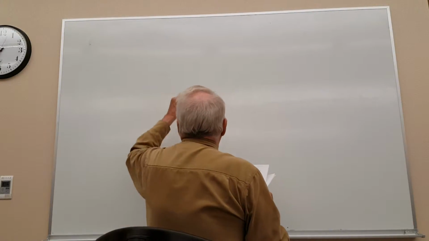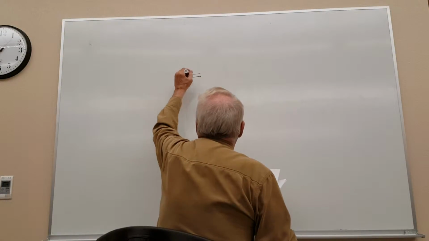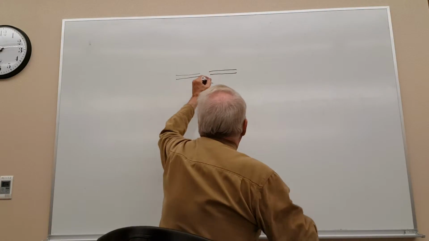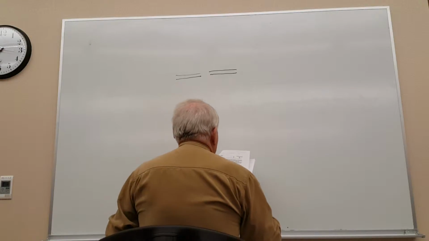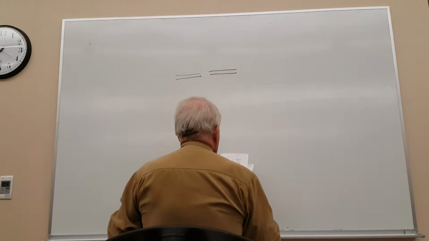Okay, because I want to take you through the whole thing. And the hardest part of the whole thing is just getting the genotypes off the problem and on your paper.